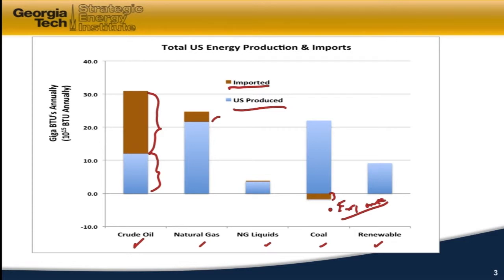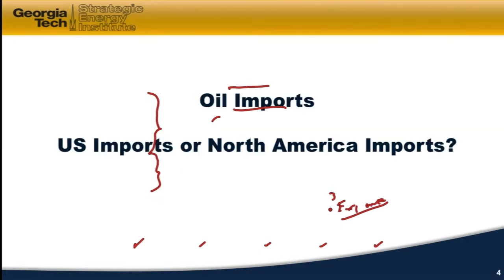So this is really all of the data, and how energy independent we are depends on how you slice and dice it. If we look at the oil imports, there are 2 ways to look at it. One is the 60-40 split, looking at only U.S. imports.